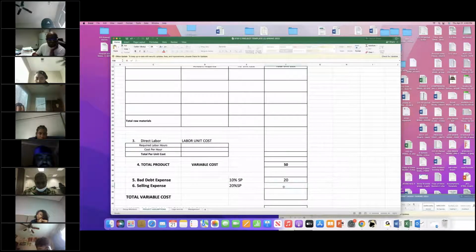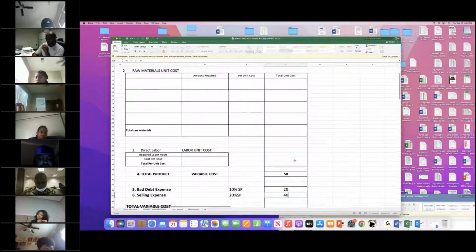So your variable costs are always going to be raw materials and labor, which I estimate to be 50. You got to buy your raw materials, make the item, have a pay rate, and come up with this number. The bad debt is 20, selling expense 40.